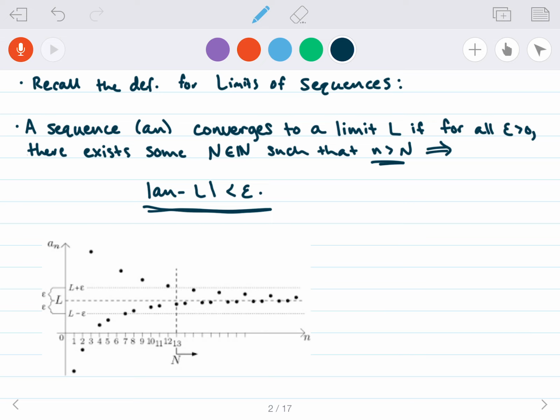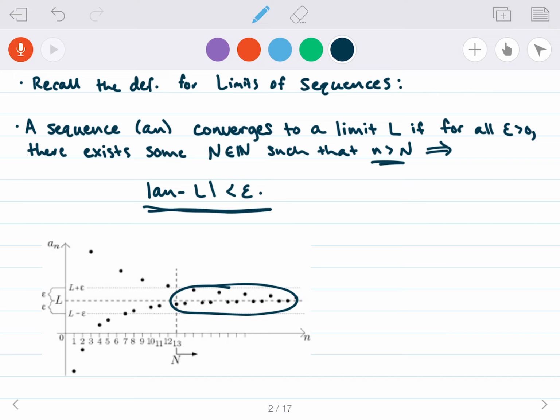Okay, and so, we have this picture right here. So we have our sequence a sub n plotted on the y-axis, and whatever little n you're at is plotted on the x-axis. And so we said that if our limit is L, then after some capital N, all of the terms should be trapped within this epsilon neighborhood.